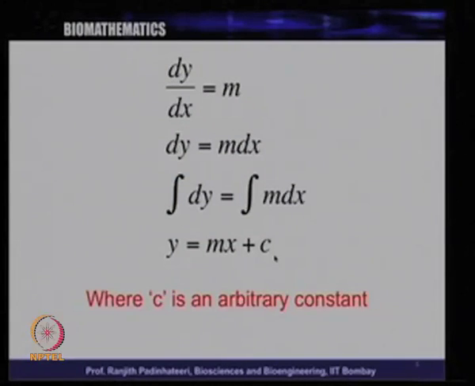So, there is some freedom here to choose c, and we will come back and understand this later, but for the moment just understand that this is the way one does the simplest integral, and also remember that the integral of dx is x plus a constant.